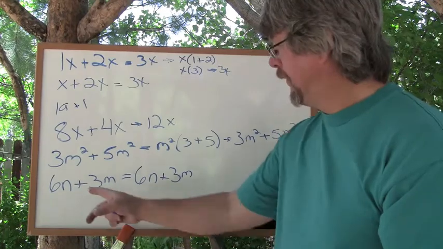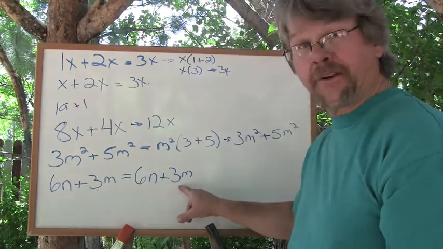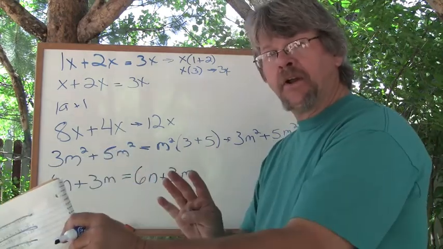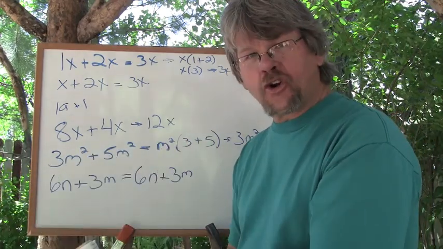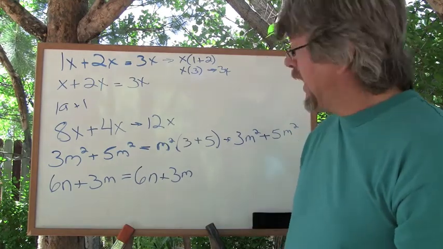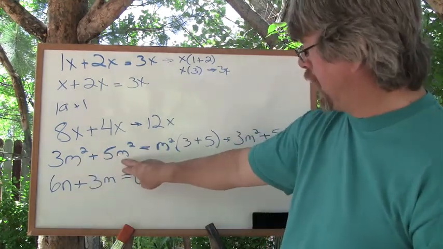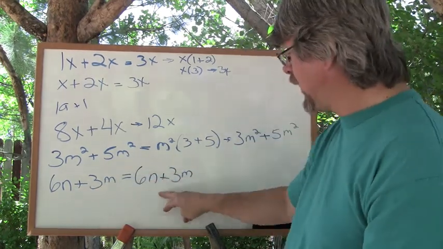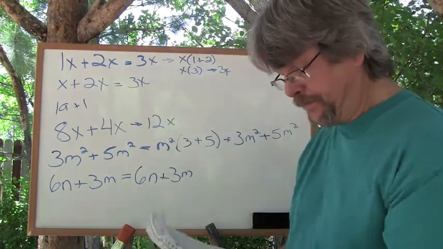That is in its simplified form. That's the answer. You have to keep the unlike terms separate in your answer. If they're like terms, you can combine them, but you can't if they're unlike terms.